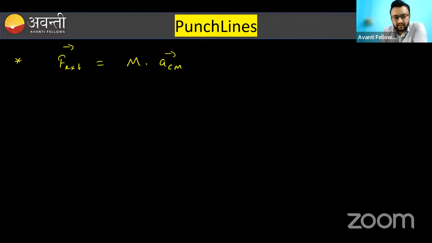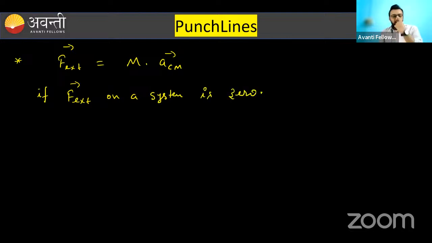Now I am saying if net external force on a system is zero, you can see from this equation, if F is zero, then acceleration of center of mass will also be zero. Nothing wrong with that. Then what you can conclude is that acceleration of center of mass is also zero.